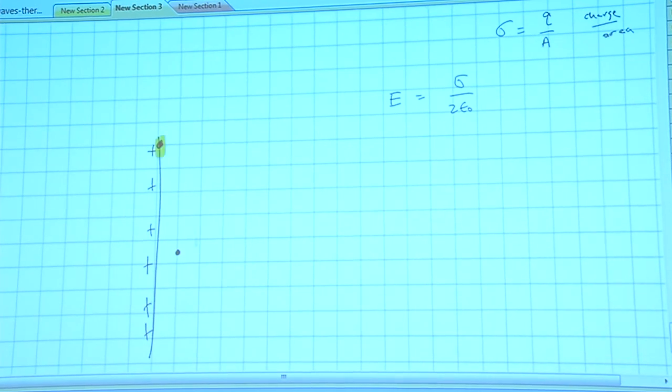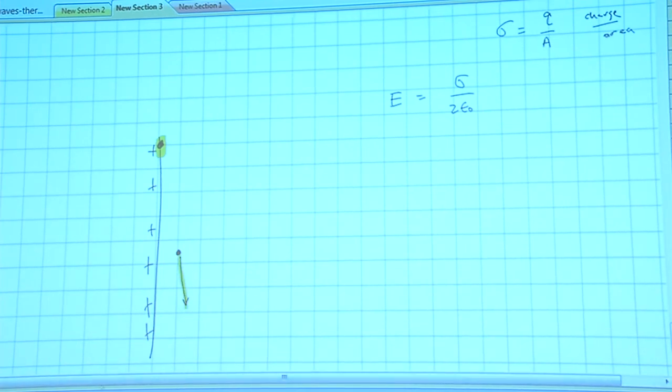The yellow charge up here is creating an electric field that points this way, right? And the charge down here is creating an electric field that points this way. So those two are almost completely canceling each other out. They have very little effect.